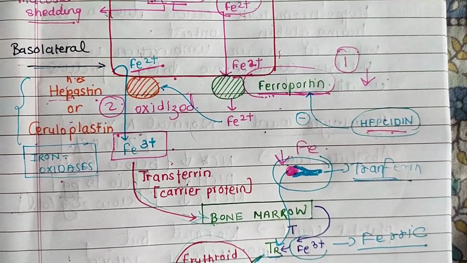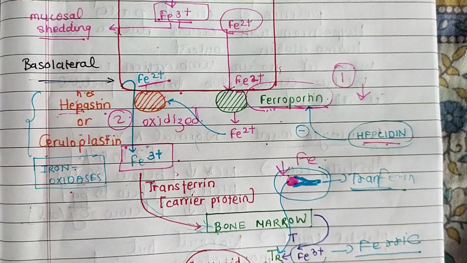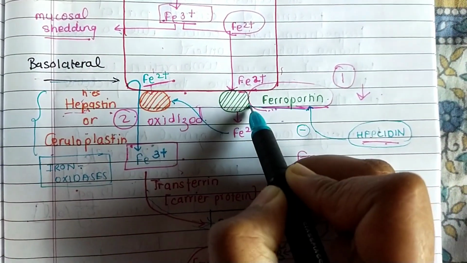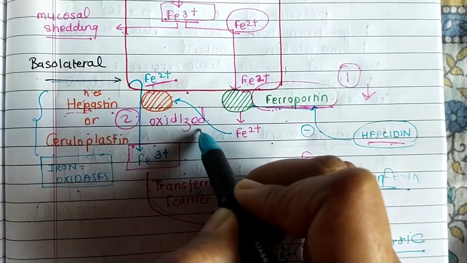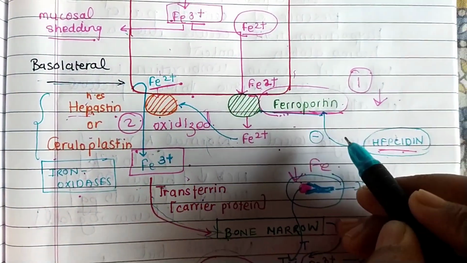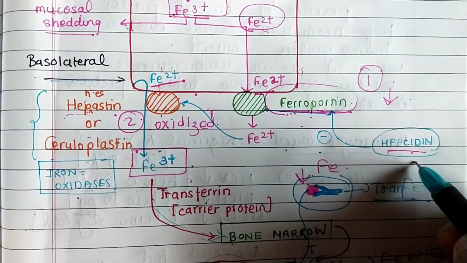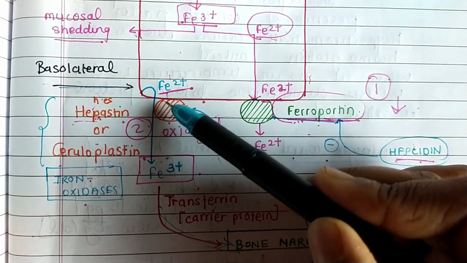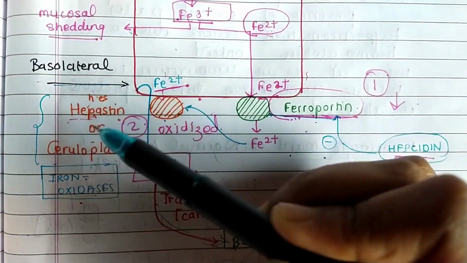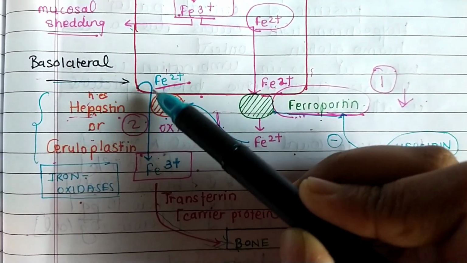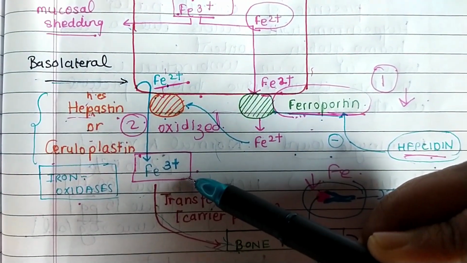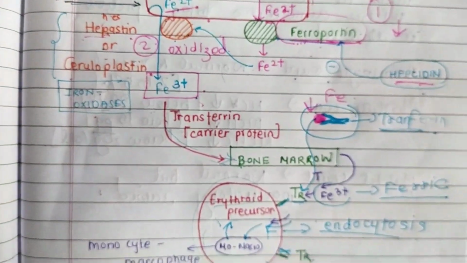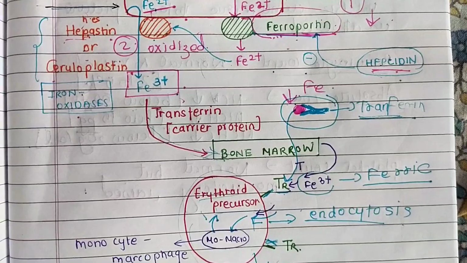Once it has traveled to the basolateral part of the duodenal epithelial cell, it gets bound to the ferroportin. This ferroportin transfers it to the hepcidin. The antagonist of ferroportin is hepcidin, and this ferroportin transfers the ferrous iron to the hepcidin. Hepcidin causes the oxidation of the ferrous state into its ferric state, and this ferric state gets transferred by a transferrin carrier protein.